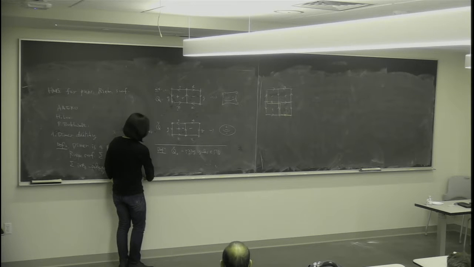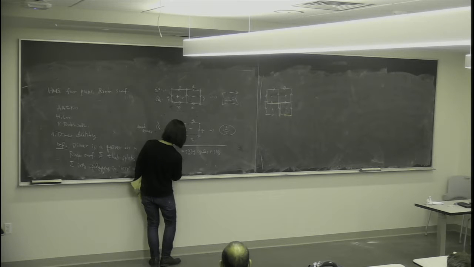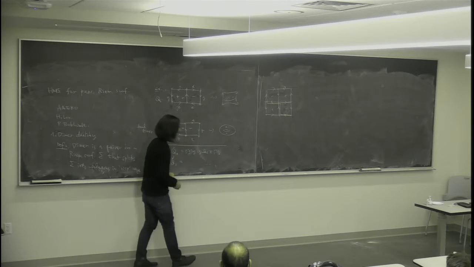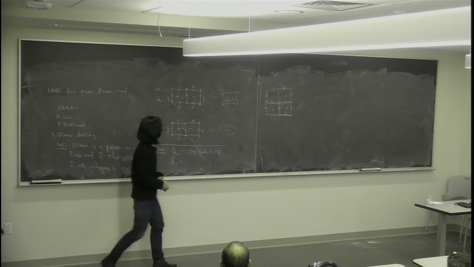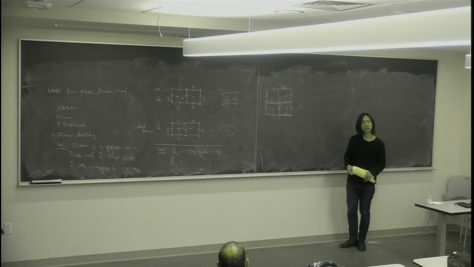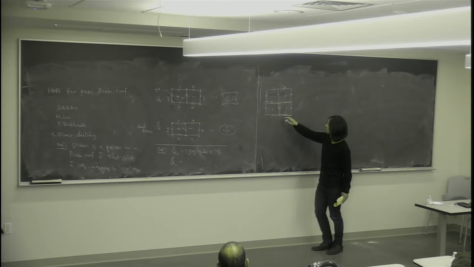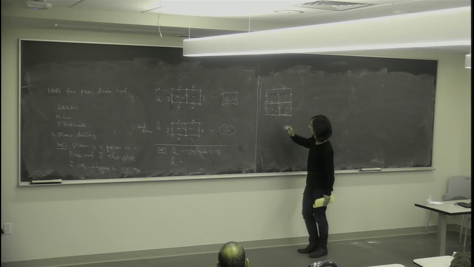So vertices are zigzag cycles, and what are the arrows? So an arrow is an intersection of zigzag cycles. You see, actually these 2 zigzag cycles intersect each other a lot of times. So the first intersection is here, right? So this is Y, this is W. So that's why you see this arrow.